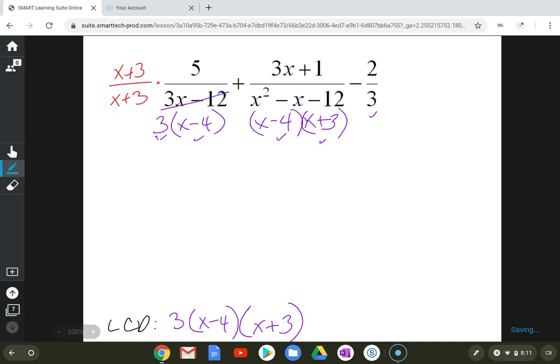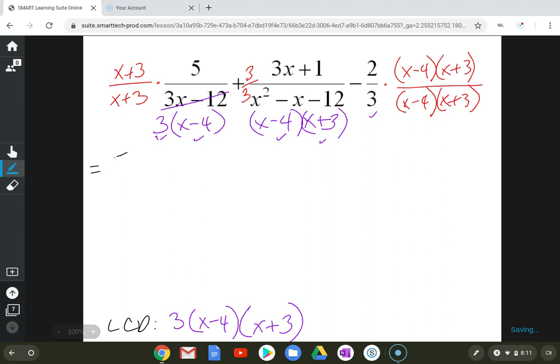Our middle term, top and bottom, just by the number 3. And our last term, top and bottom, by everything it's missing, which is actually quite a bit. All right. So let's distribute.